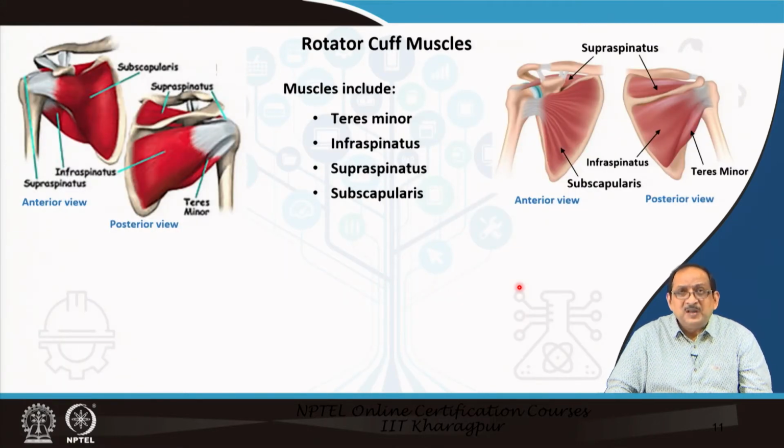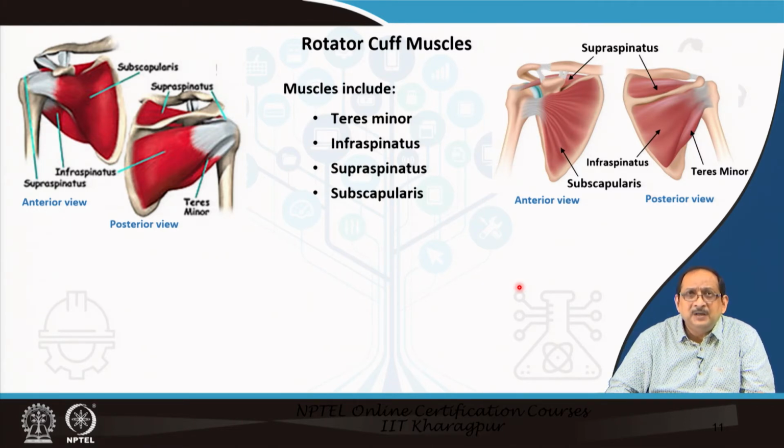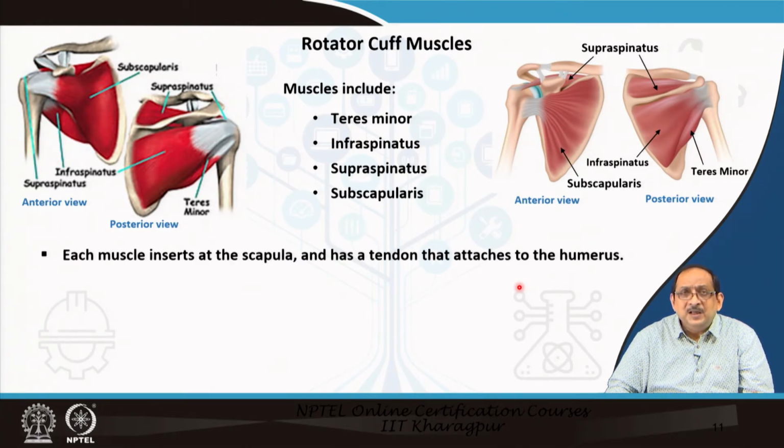The rotator cuff muscles include 4 muscles: teres minor, infraspinatus, supraspinatus and subscapularis. Each of these rotator cuff muscles inserts at the scapula and has a tendon that attaches to the humerus.